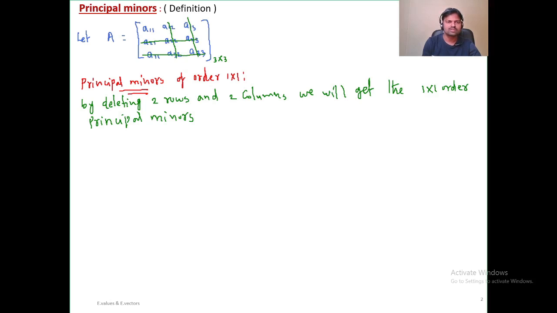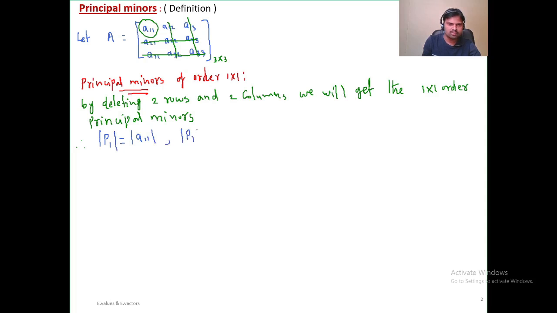So what you will get? A11. Therefore the principal minor is A11, which I denote with P1, the first order principal minor, the determinant of A11.